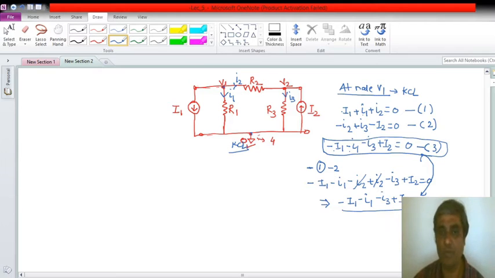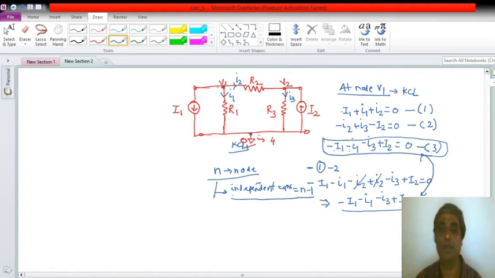The conclusion is that if I have, let's say, n number of nodes in my network or in my circuit, how many independent equations can I write? I can write n minus 1 independent equations. So this is the one conclusion we made. If I have n nodes in a circuit, the independent equations will be n minus 1. Why? Because one node we have selected as a reference node. This is the case.